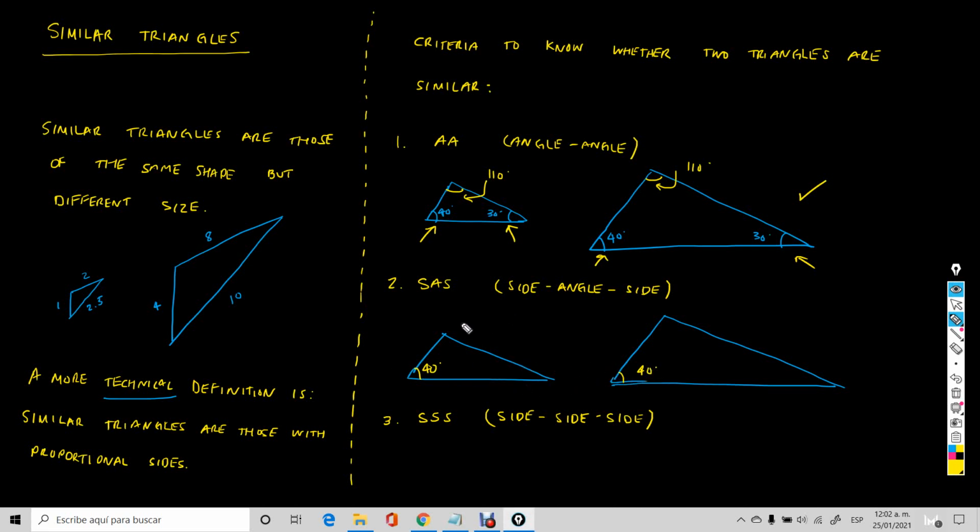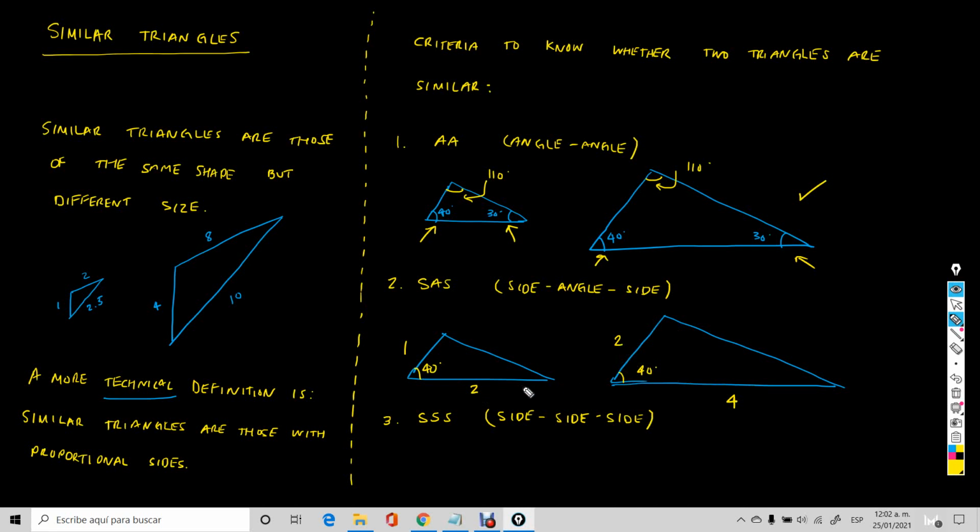And you also know that a pair of sides from the first triangle is proportional to a pair of sides of the other triangle. What do I mean? For example, let's suppose that this side measures 1 and this other side measures 2 units. And you know that this triangle has the following sides. For example, 2 and 4.